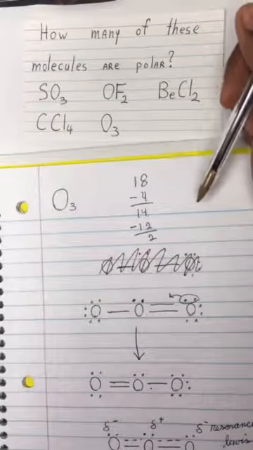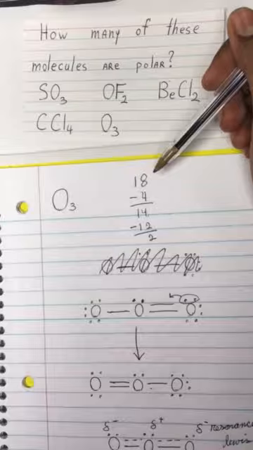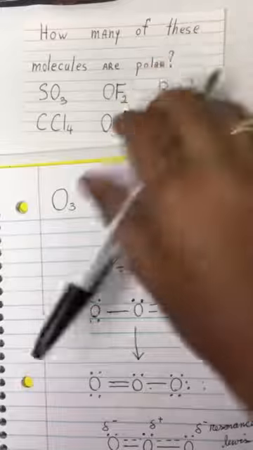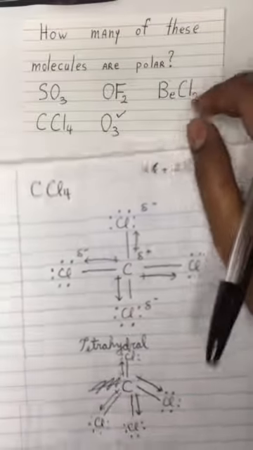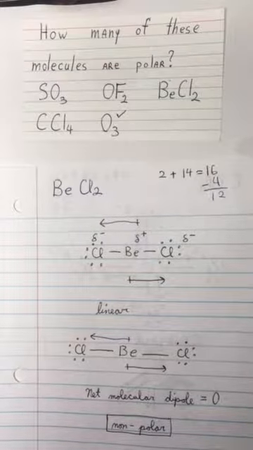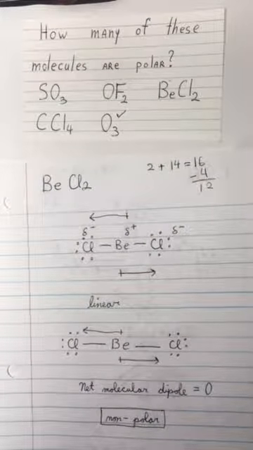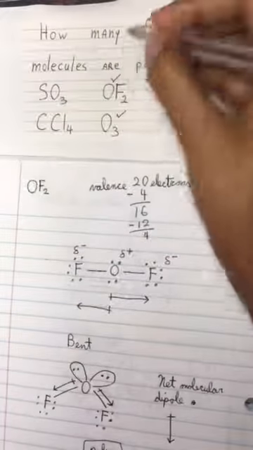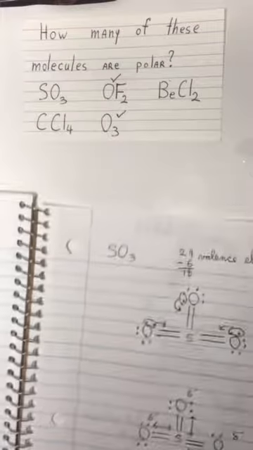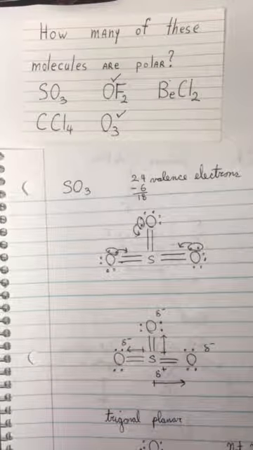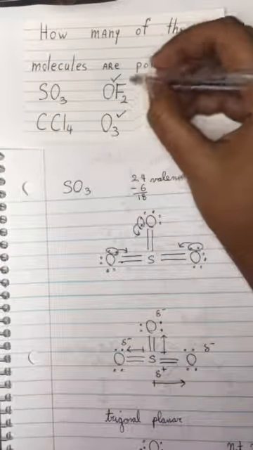So based on the Lewis structure and the net molecular dipole of each of these molecules, we now know that O3 is polar, CCl4 or carbon tetrachloride is nonpolar, beryllium dichloride is nonpolar, oxygen difluoride is polar, so check, and sulfur trioxide is nonpolar.